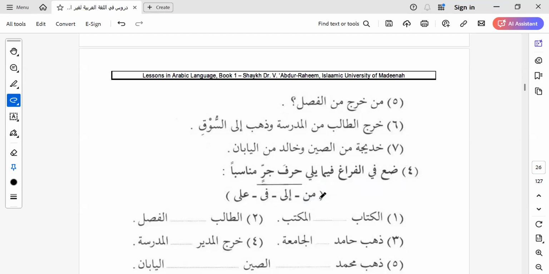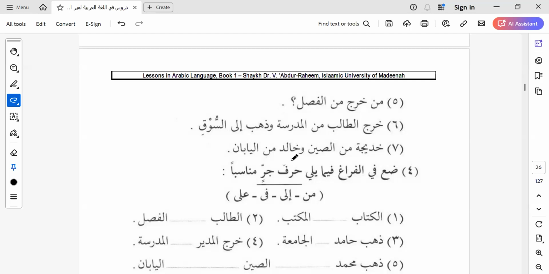Now, having understood that, what is the relationship between harf and jarrin here? مضاف ومضاف إليه. Yes, مضاف and مضاف إليه. So basically, which one is مضاف and which one is مضاف إليه? حرف is مضاف and جر is مضاف إليه.